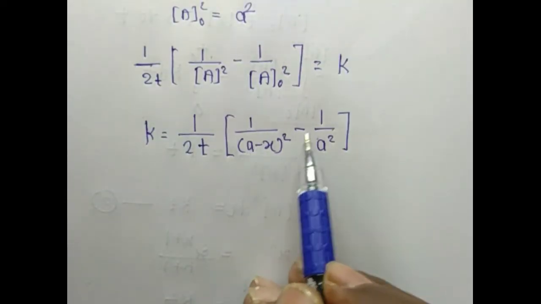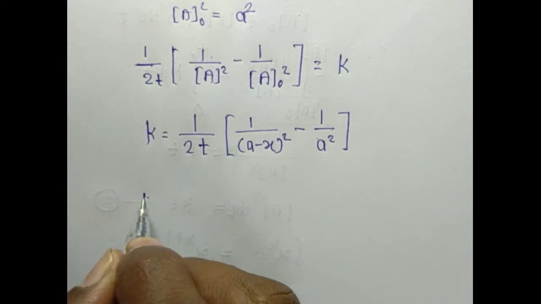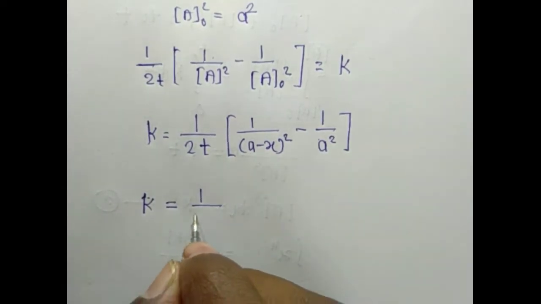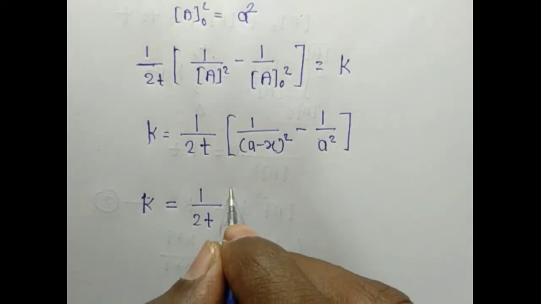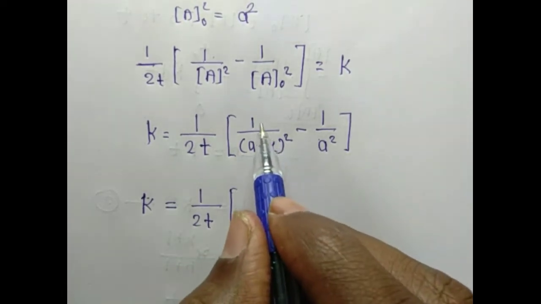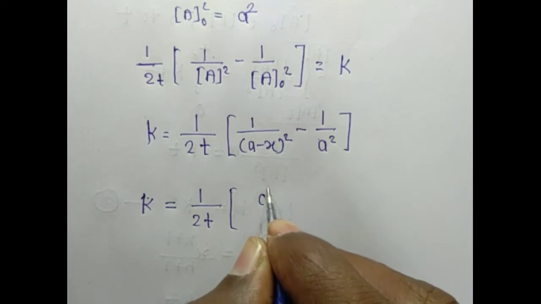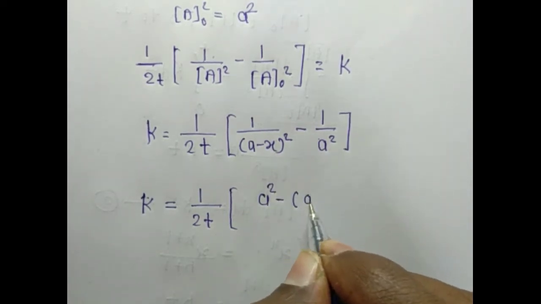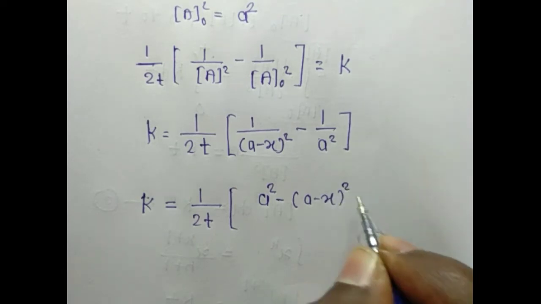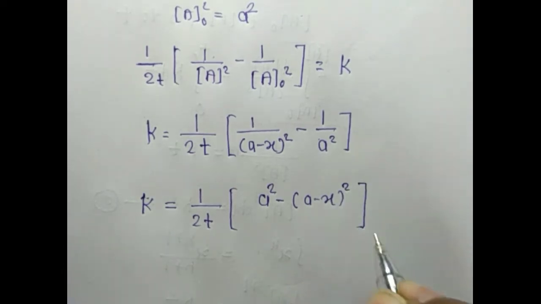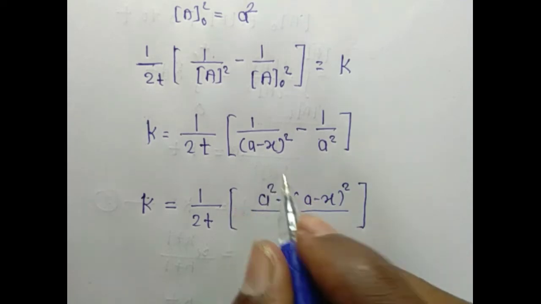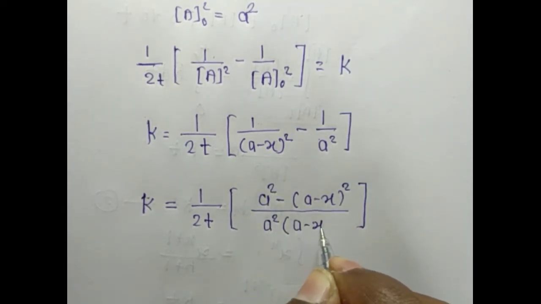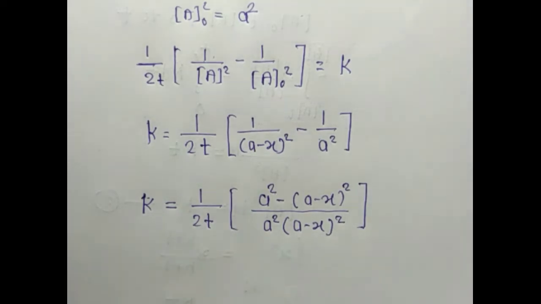On cross multiplication, we get K is equal to 1 upon 2t into bracket a square minus bracket a minus x bracket square, upon a square into bracket a minus x bracket square.